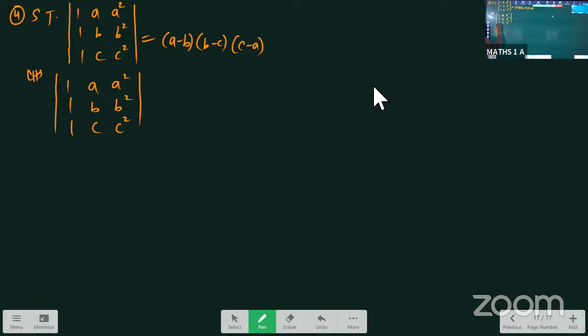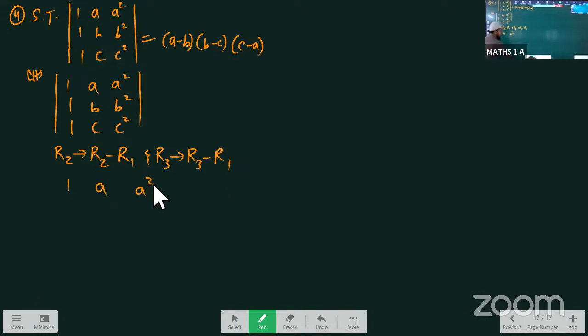I am changing R2, this is R1 first row, R2 second row, R3 third row. R2 changes to R2 minus R1, so subtract and put it in the second row. In the same way, R3 changes to R3 minus R1. So first row as it is, no disturbance.